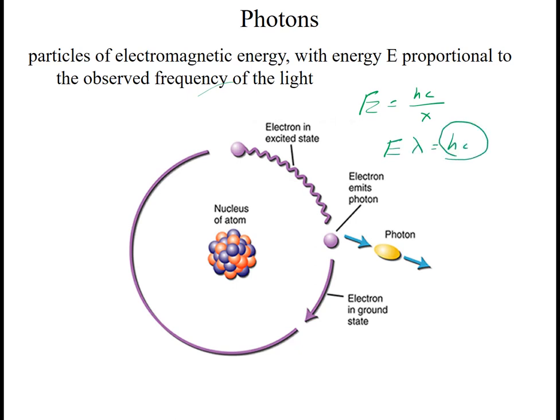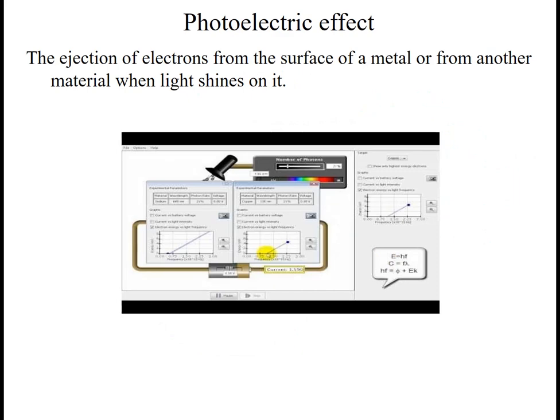These two right here are constant. So just like when we did Boyle's law, if I increase energy, then the wavelength must go down. Or if I increase my wavelength, my energy must go down. Okay? And I have a video that shows you that.